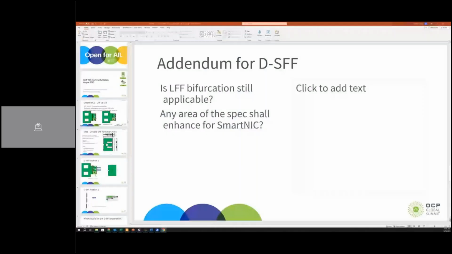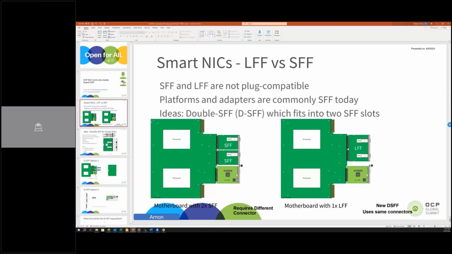Okay, cool. Let's start. This is a special session that we have for, actually, yeah, okay. So I started from the old slide for this month, but the intent is to talk about the dual small form factor.